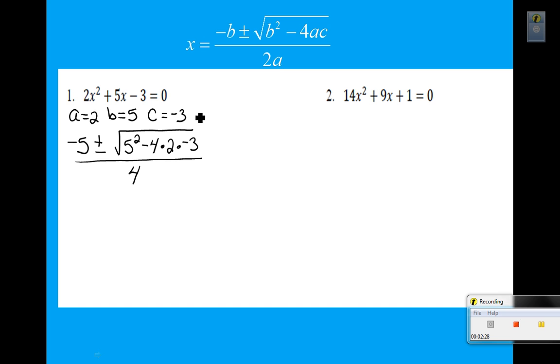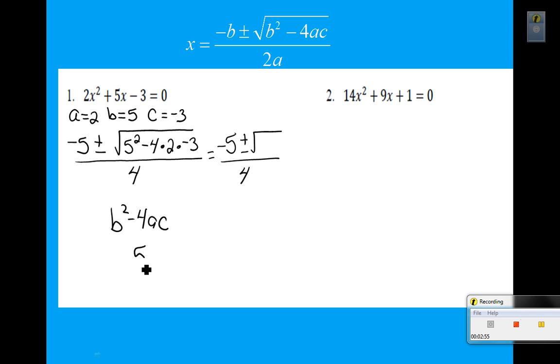I like to list my numbers. That way it's easier for me to plug them in. Now at this moment, do exactly as I do. You're going to now have the opposite of 5 plus or minus the square root of something over 4. What you'll do at this point is grab your calculator and run through the b squared minus 4ac part.